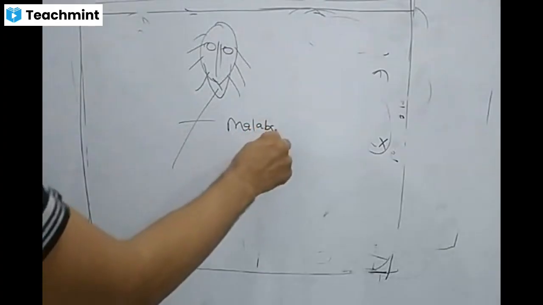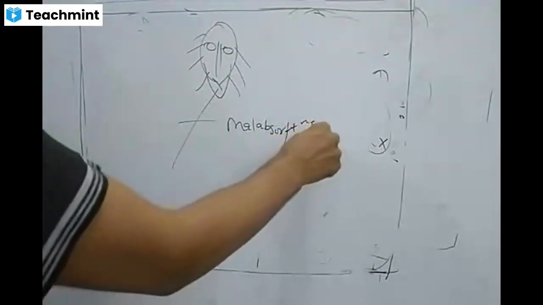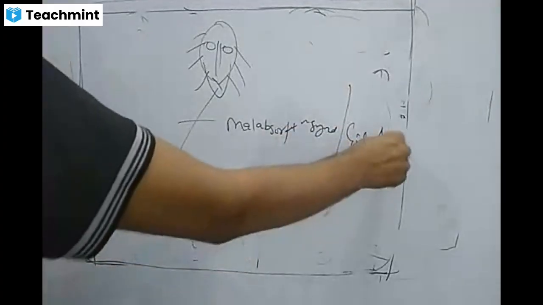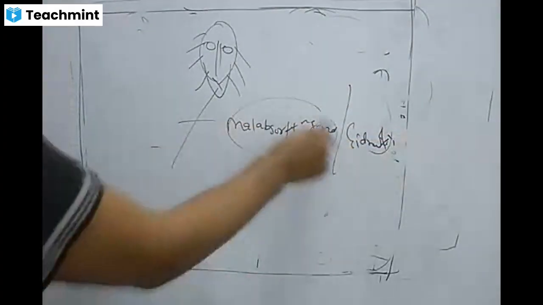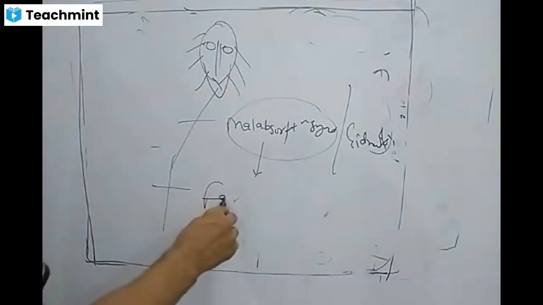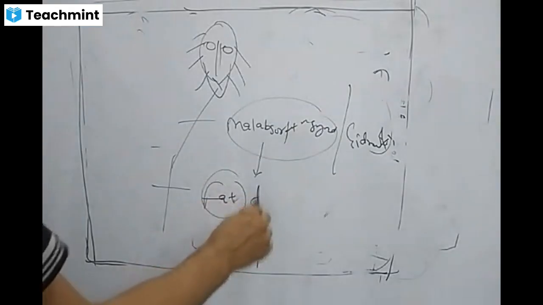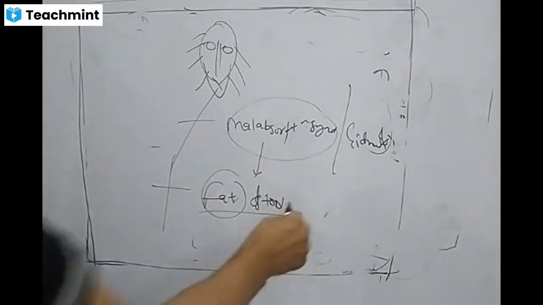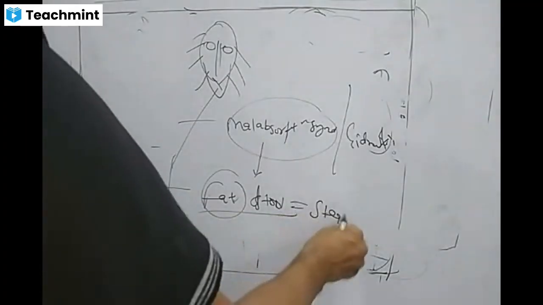It causes malabsorption syndrome, and this syndrome is known as giardiasis. Because of malabsorption, fat will come in the stool. When the fat comes in the stool, we call that condition steatorrhea.